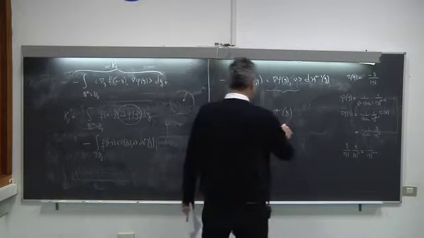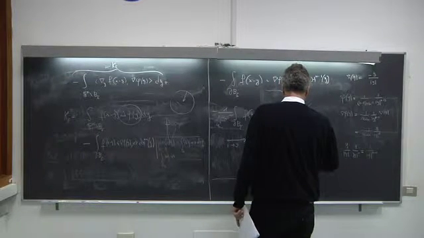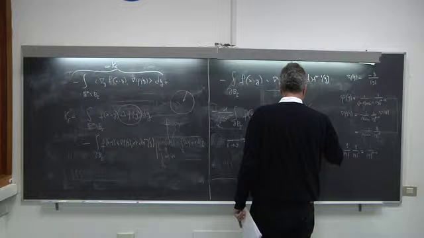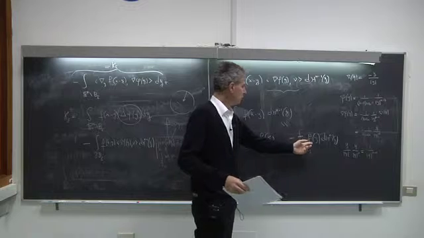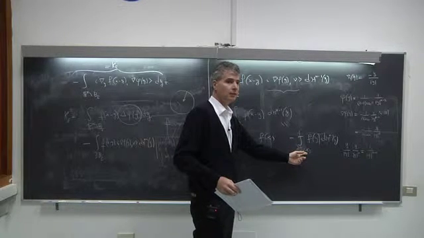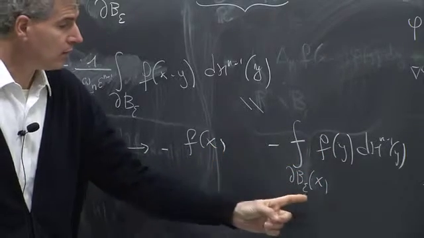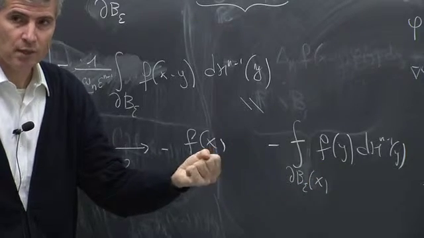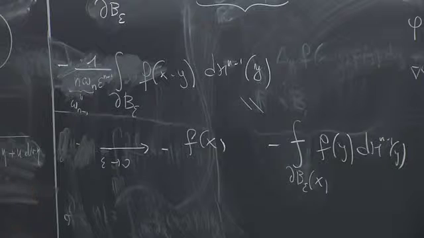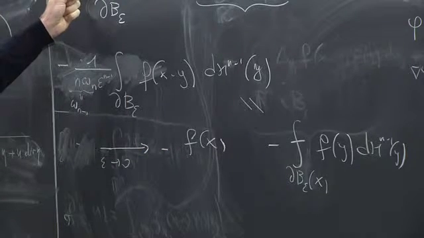Because this is simply minus the mean value, by translation. You center it at x, so you translate the coordinates, and then you take the surface mean value around x of f. When epsilon goes to 0, since f is continuous, this converges to the value at the center, which is x. Therefore, I keep this minus, but this was plus Laplacian of u.